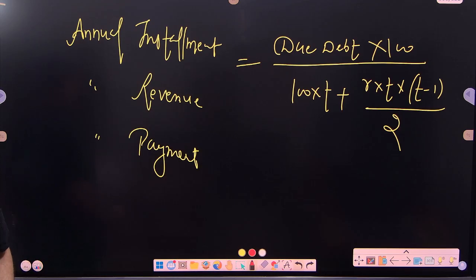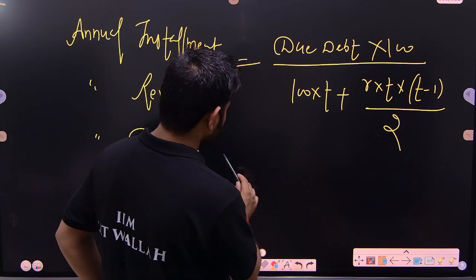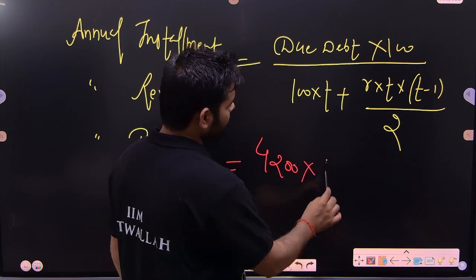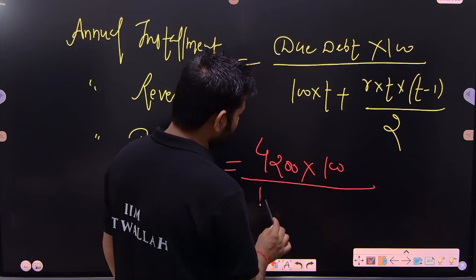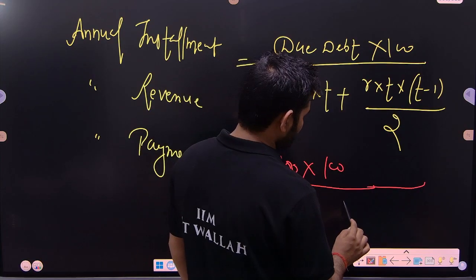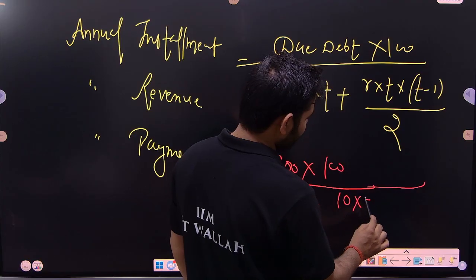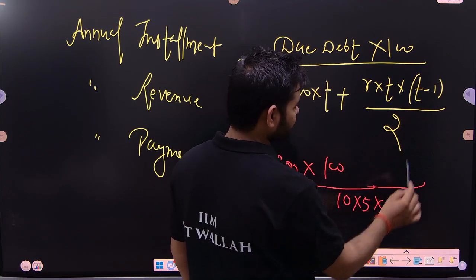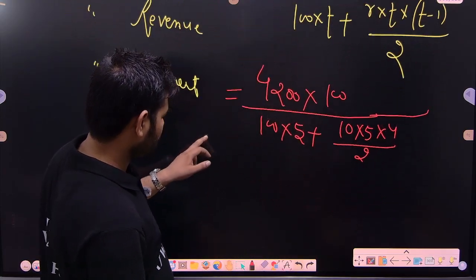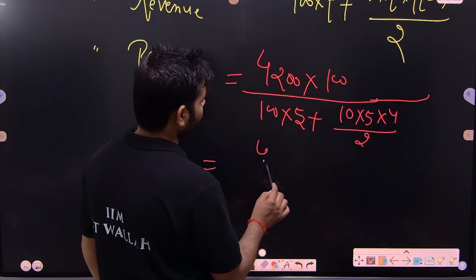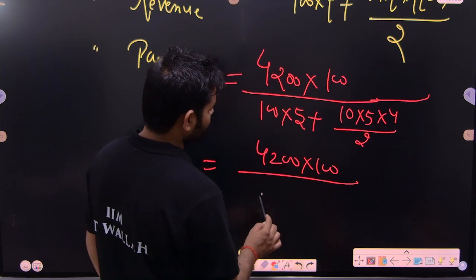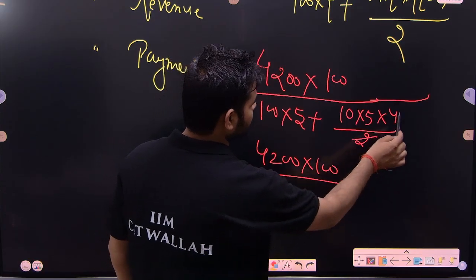So B had been given 42 as a due debt, and time is 5 years, plus R is 10, time is again 5, 5 minus 1 is 4, upon 2. Here you will get 4200 into 10, 100 upon 500 plus 2.